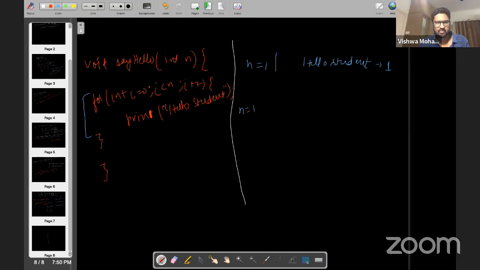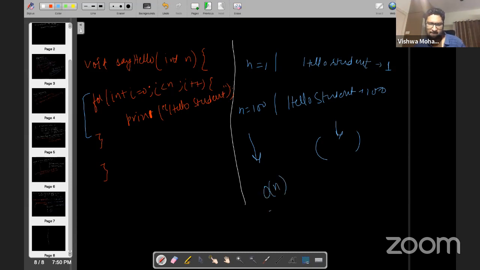If n is equal to 100, it will be printed 100 times. If I keep on increasing n, this will also keep on increasing. As we increase the size of the input, the number of times we print hello also increases linearly. It is directly proportional to the input size, and that is why we call the time complexity order of n.